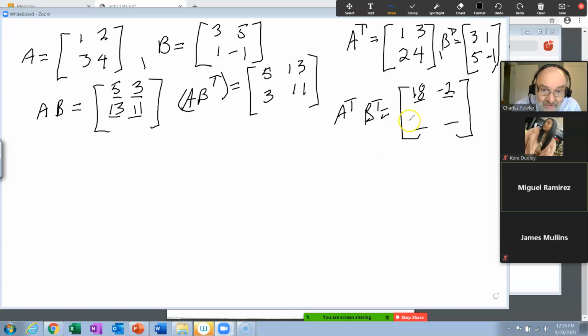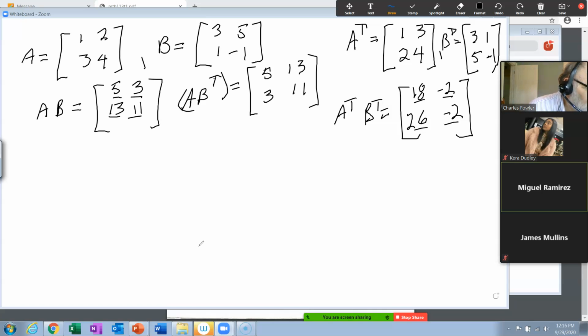The 2, 1 entry here, second row, first column, 6 plus 20 is 26. Did I do that? Yeah, 26. And then the 2, 2 entry here would be 2 minus 4 is minus 2. So there's A transpose, B transpose.